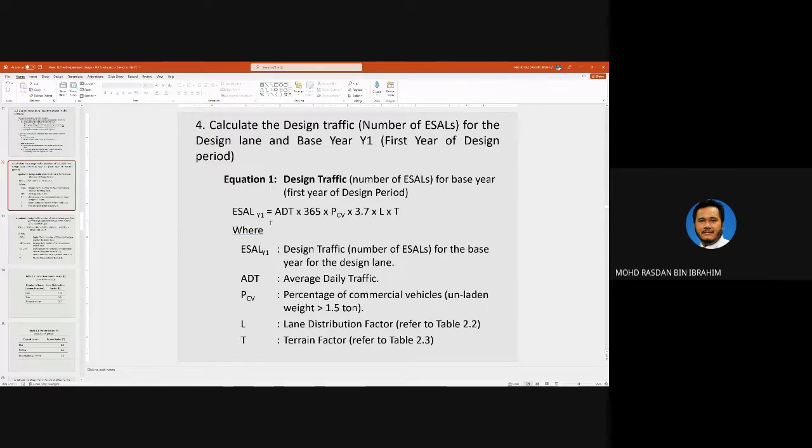In this equation, you are only using PCV here, which is the percentage of commercial vehicles that have an unladen weight of 1.5 ton. Unladen weight, berat tanpa muatan. Okay, if berat tanpa muatan is more than 1.5 ton, then it counts lah into this percentage. Okay, unladen weight, meaning the weight of the vehicle without loading.